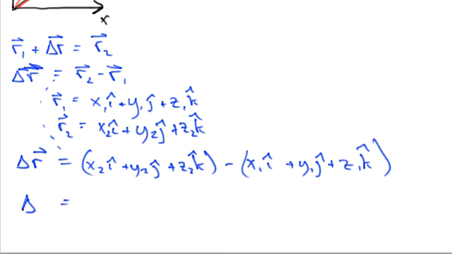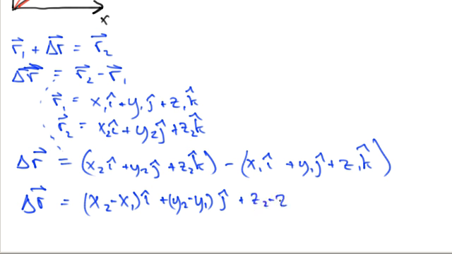So delta r is x2 minus x1 times i plus y2 minus y1 times j plus z2 minus z1 times k.